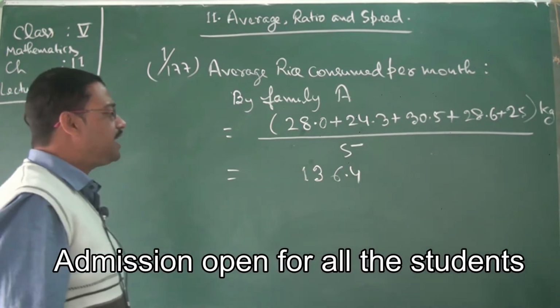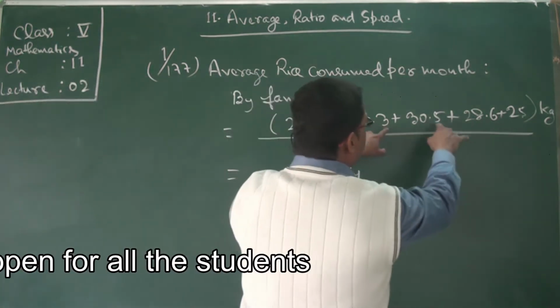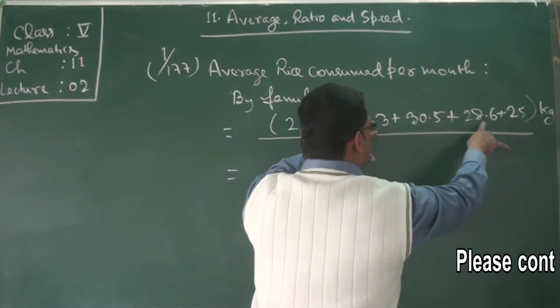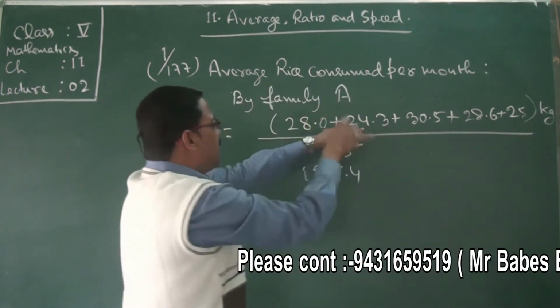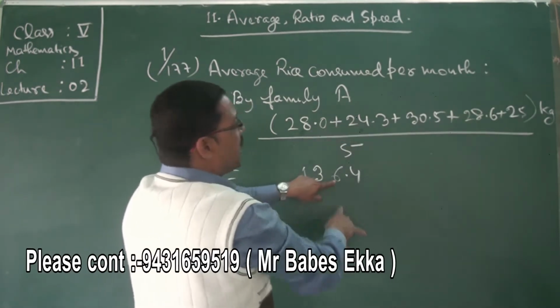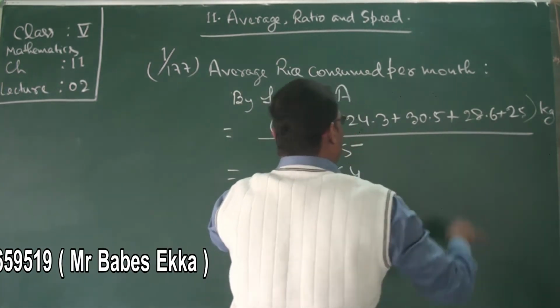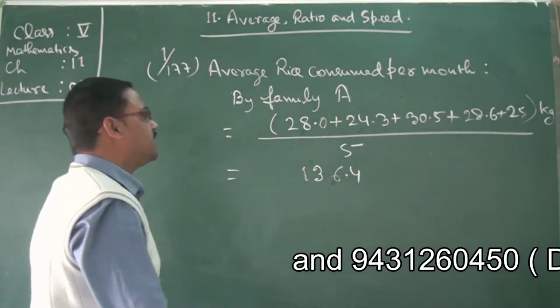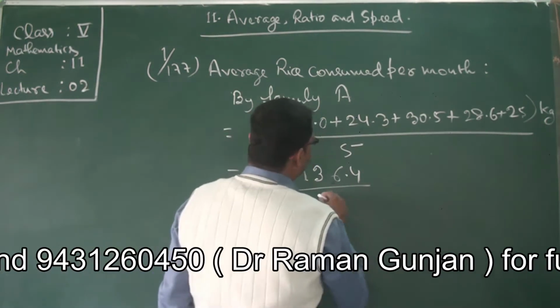Let us verify it: 0, 3, 5, 3, 8, 6, 14, 4, carry 1, 5, 1, 6, 8, 14, 14, 4, 18 and 8, 26, 6, carry 2, 2, 2, 4, 2, 6, 3, 9, 2, 11 and 2, 13, 136.4 by 5.